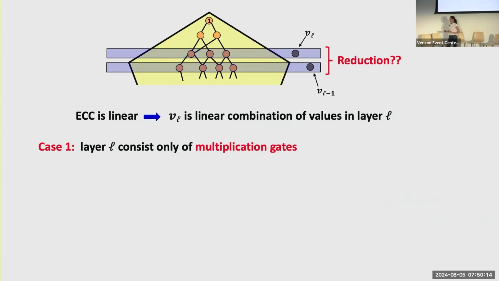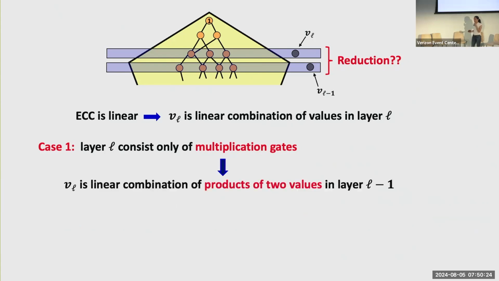Case 2 is more interesting. Let's say the layer is full of multiplication gates. Here things seem to be complicated, and the reason is that each point in layer L is a product of two elements in layer L minus 1.